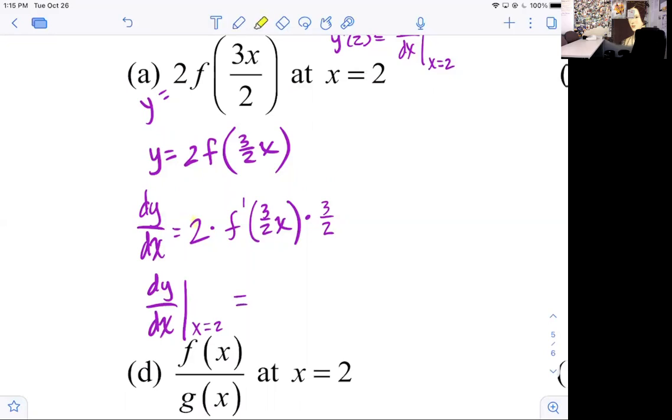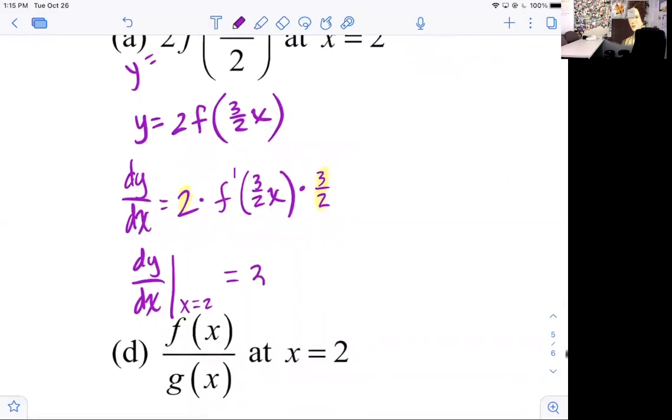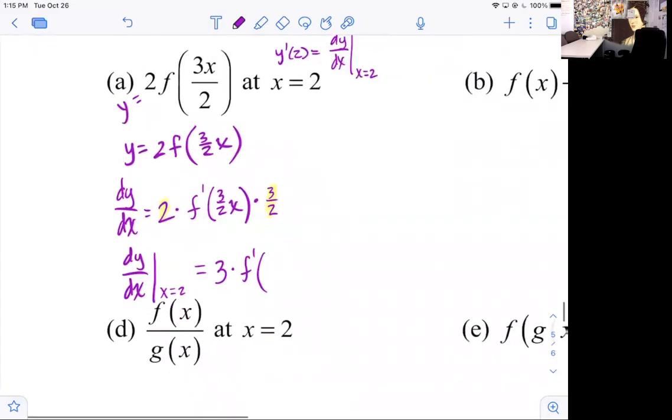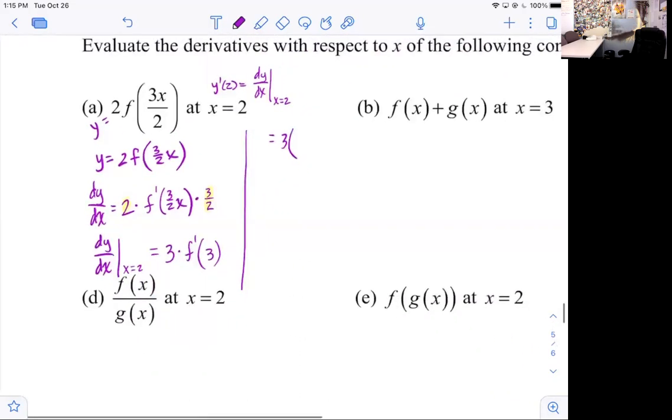So we can combine our numbers now. 2 times 3 halves is going to be 3. And then it's going to be times f prime of 2 times 3 halves on the inside, which will be 3 as well. Then, starting a new column, I get equals 3 times f prime of 3. This is where we finally go to the chart.